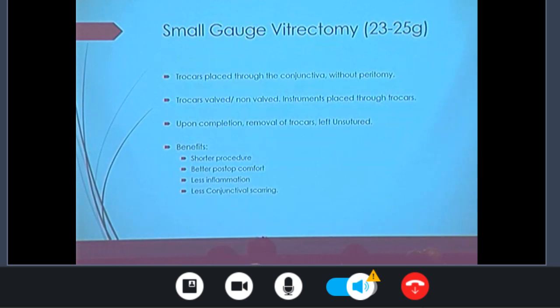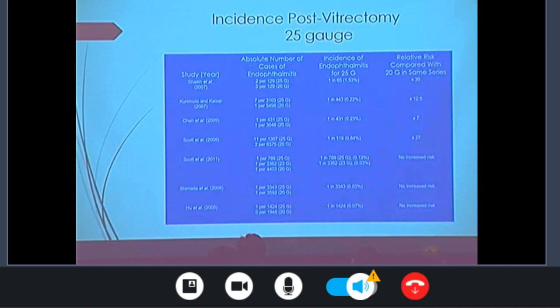There's improved postoperative comfort, less inflammation, less conjunctival scarring, and it is claimed that the patient has faster visual rehabilitation. Presumably, these advantages are secondary to the self-sealing nature of the wounds that obviates the need for suturing.